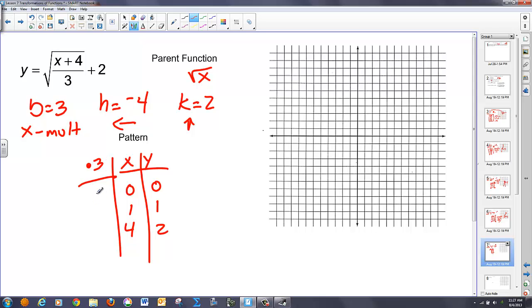So when I multiply 0 by 3, I get 0, 1 by 3, I get 3, and 4 by 3, I get 12. So now, rather than this original xy being my pattern, I have this new pattern of over 3, up 1, over 12, up 2, from my new translated origin. And my new translated origin is over 4 and up 2.